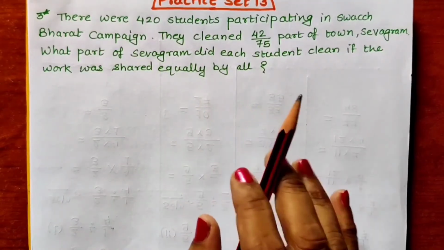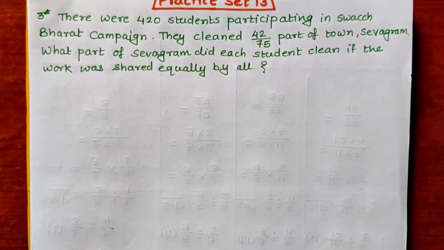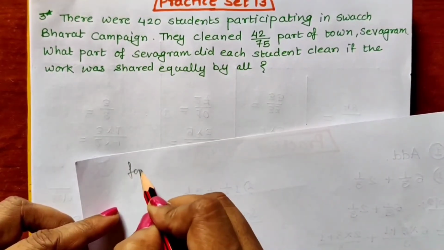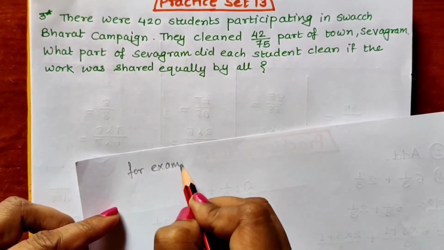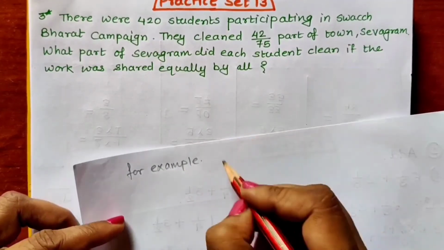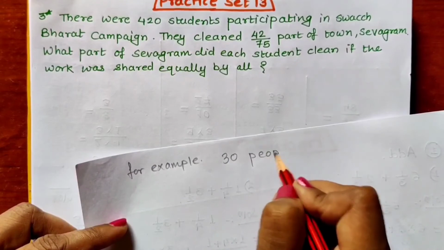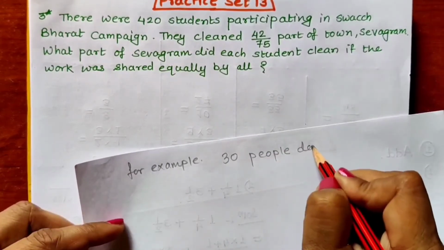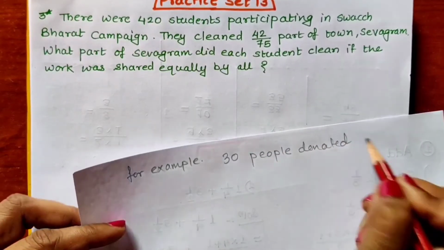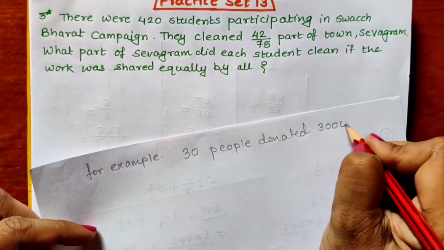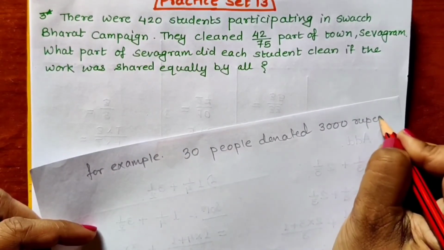Before solving this example, let me give you a simple example. For example, if I tell you 30 people donated 3,000 rupees.